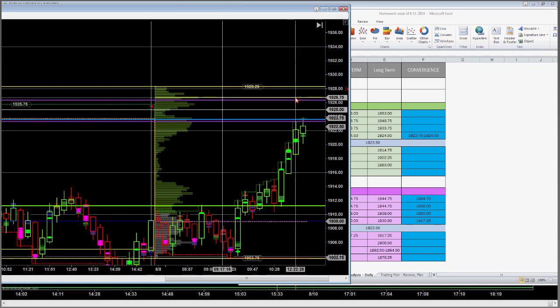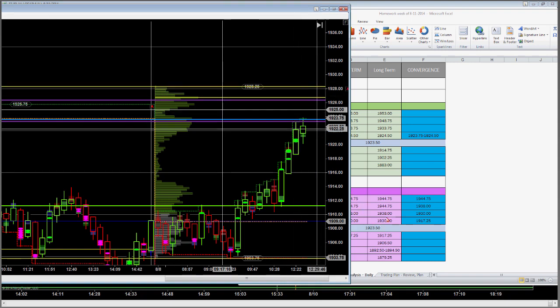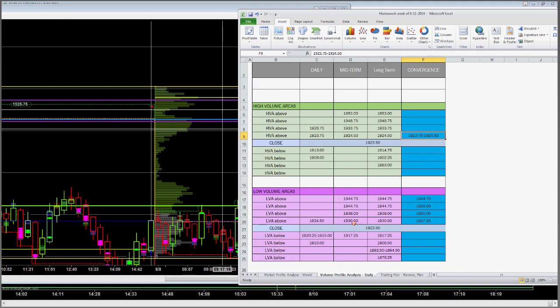If price opens up and we get volume between 2375 and 2450, possibly even higher, then what that's telling me is, relative to Friday, we're getting acceptance higher. Buyers may not get much through 28, but if they do, where am I going to start looking for price to go?